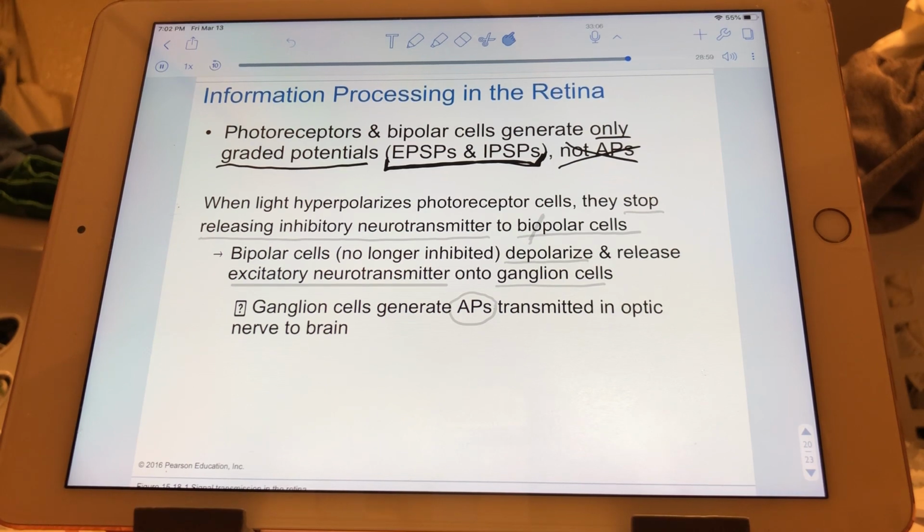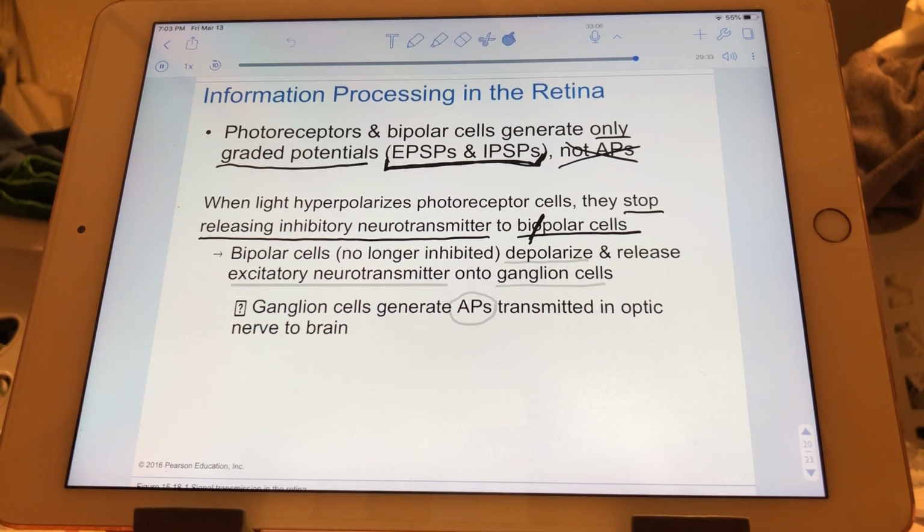Okay? When we're exposed to light and a photoreceptor hyperpolarizes, that photoreceptor stops releasing inhibitory neurotransmitter. Therefore, it stops inhibiting bipolar cells. That's misspelled, and I've only just noticed it after years. That's funny. Okay?